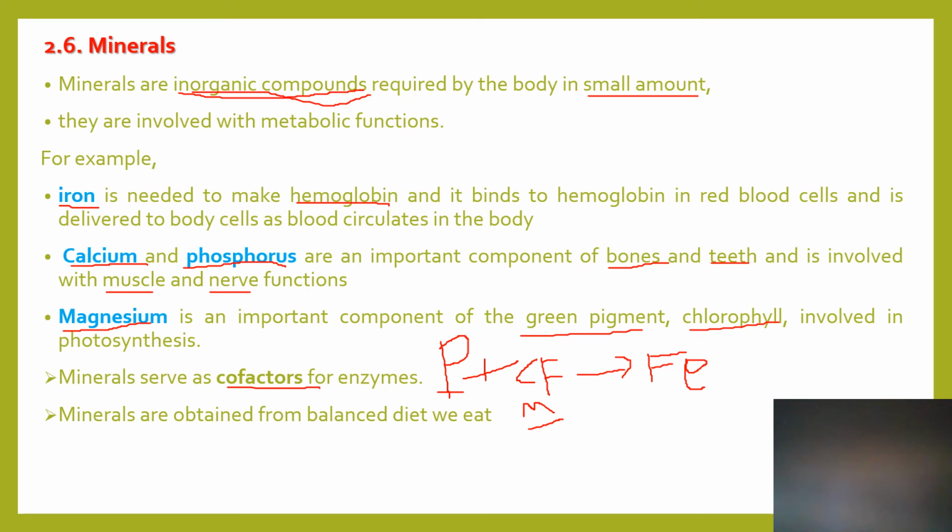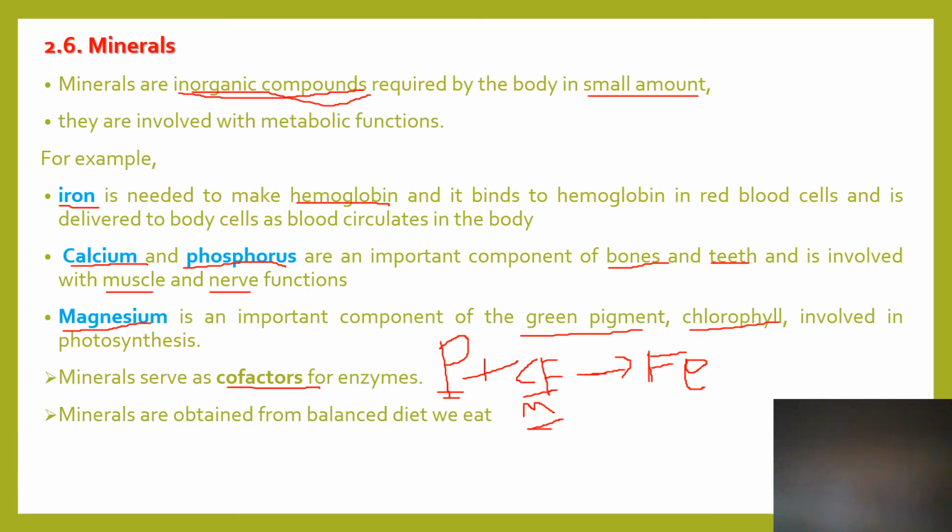Previously, we said the protein part of an enzyme plus coenzymes can give a functional enzyme. Here the coenzymes are vitamins, but here the non-protein part of the enzyme plus cofactor, which is mineral, gives us a functional enzyme.